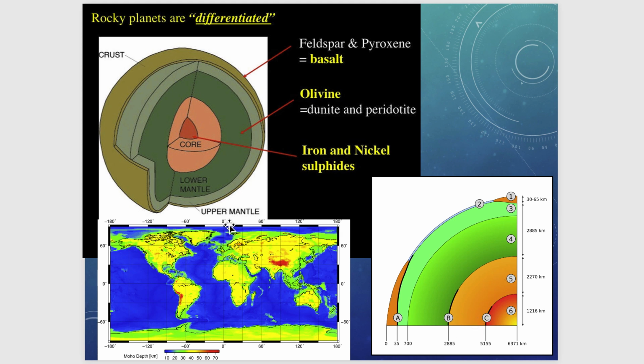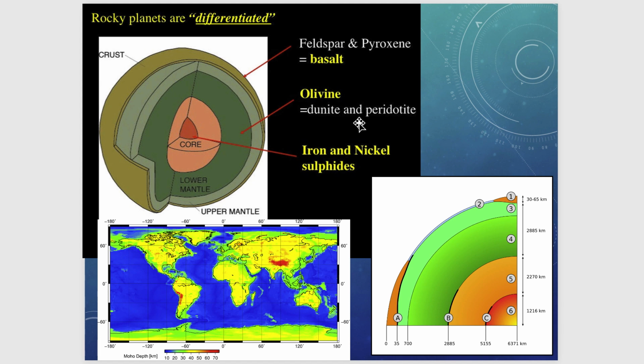As I said before, the core is composed of iron and nickel sulfides, so there is good abundance of sulfide in the core. In the middle between the crust and the core is the mantle, which is commonly composed of two major rock types, dunites and peridotites.